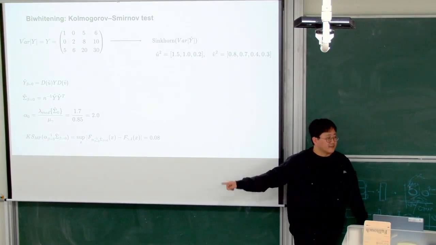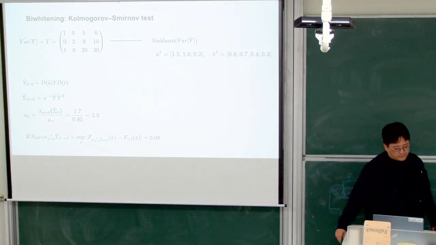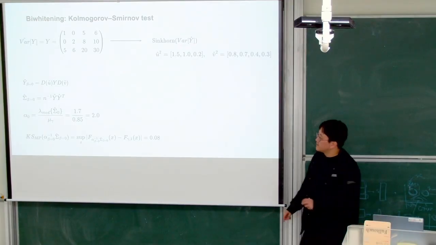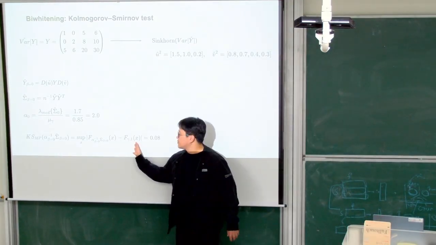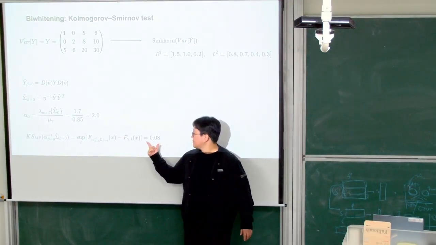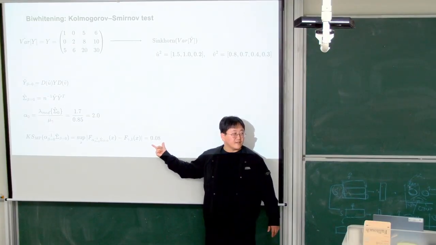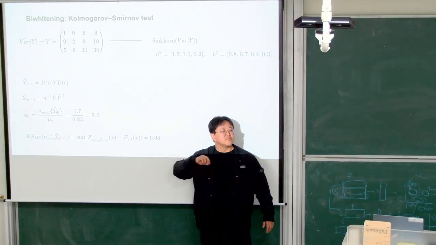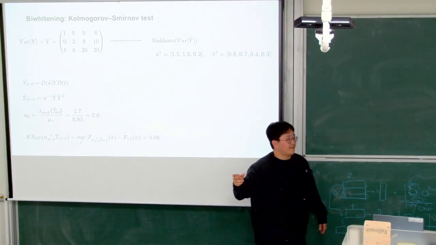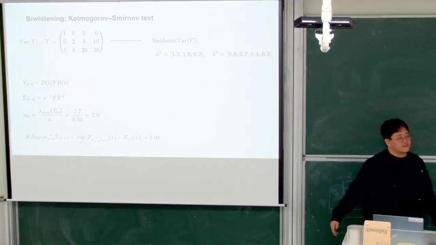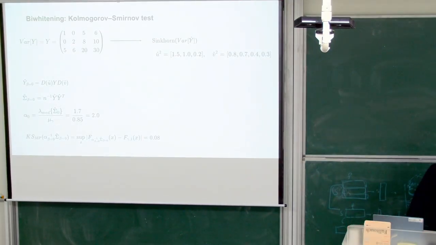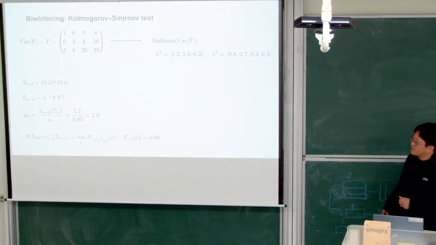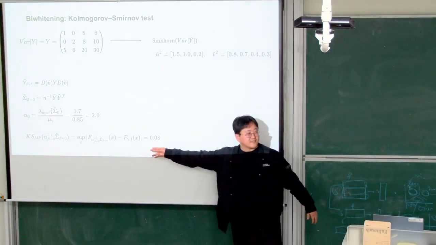But then the distance between the theoretical distribution and the empirical distribution is like this, so we can change beta and check that case. And we're going to choose the alpha and beta with the minimum distance.